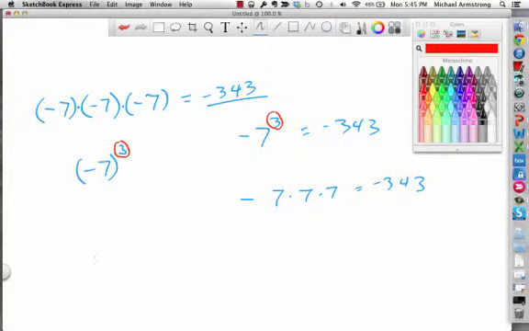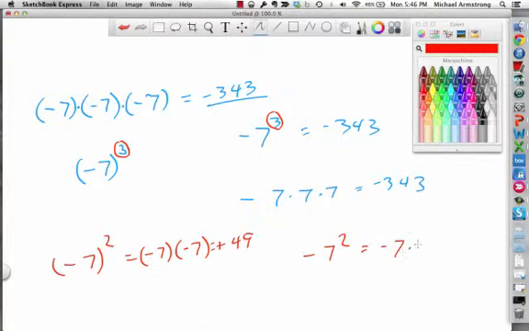The real big difference is if this exponent is ever an even number. Say we did (-7) to the second power versus -7 to the second power without the parenthesis. This one is equal to -7 times -7, which is a positive 49. But here we still have -7 times 7, just like we did up here, and this is a -49.